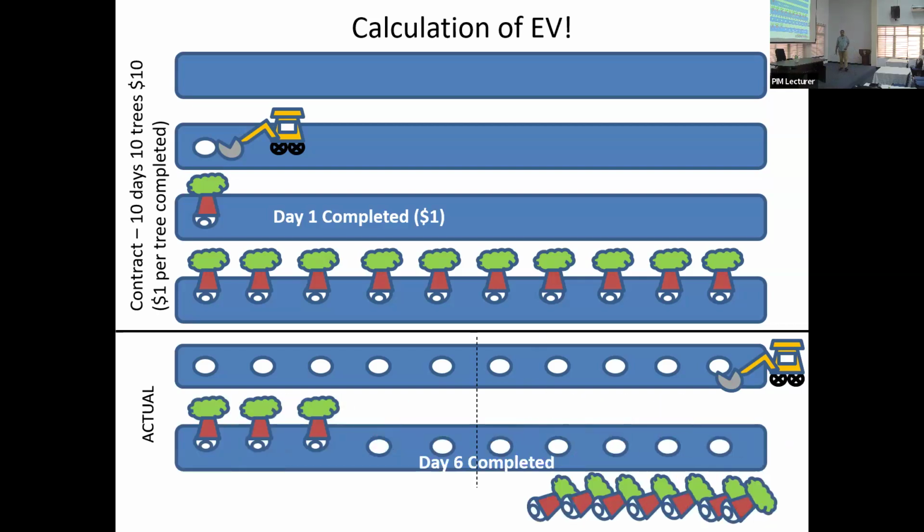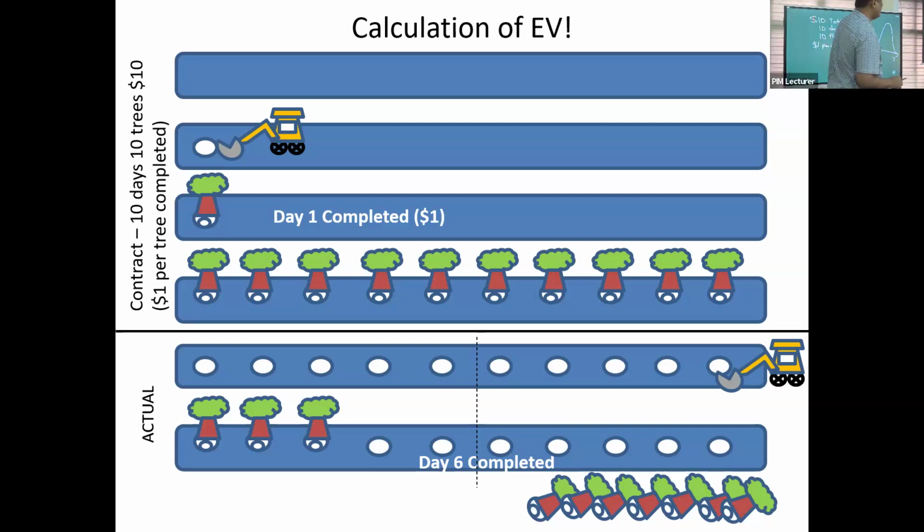So, day 6 comes. Now, day 6, how many should he have planted? 6. So that is planned. Planned value, 6 trees.